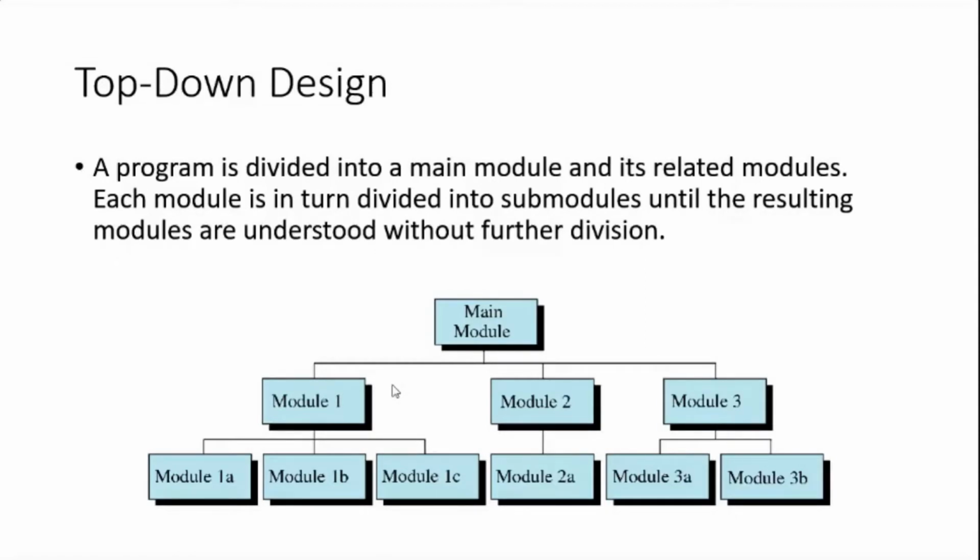Then within that module 1 itself, if you expand that particular menu item, that file item, you will see sub items. New is another member of this, not the main module, the sub module file. So in that way, there will be new, open, save as, etc. Recent files, about the program, etc. will be there. So those are the sub modules. Likewise, each module is divided into sub modules.